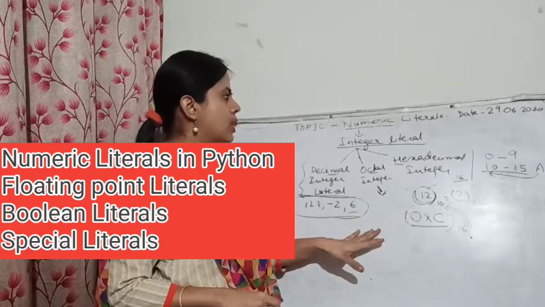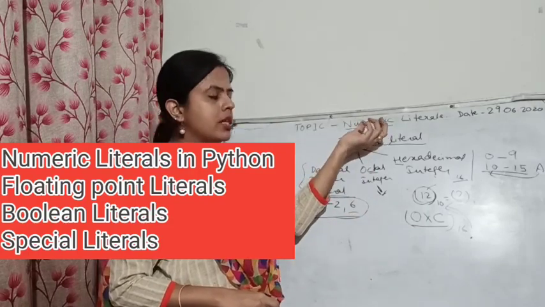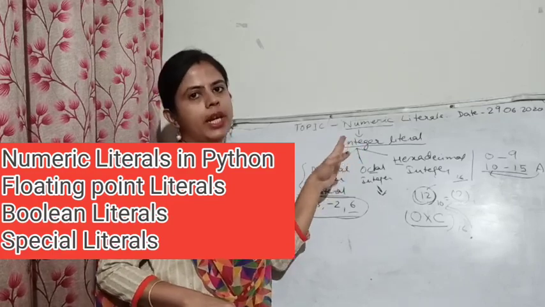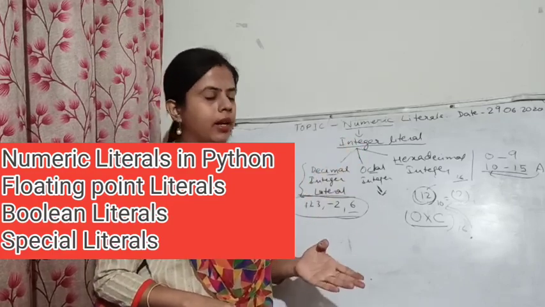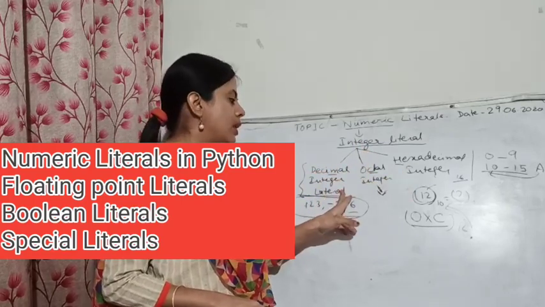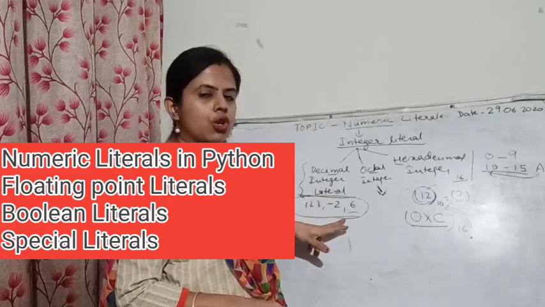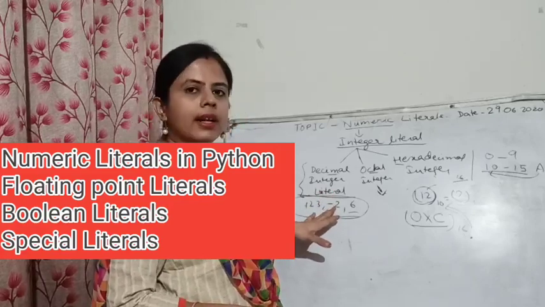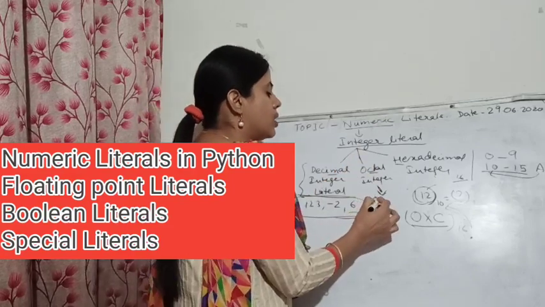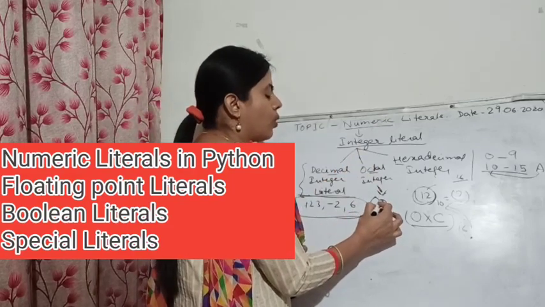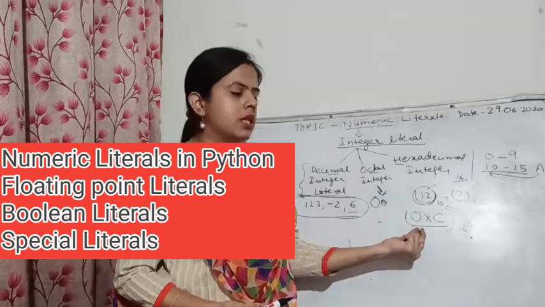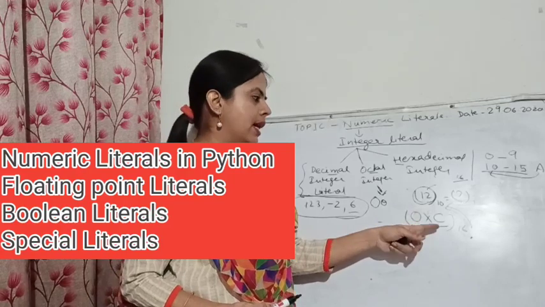You have to understand that numeric literals are divided into three parts: integer literal, floating point and exponent. The integer literal is again divided into three parts: decimal integer literal, a whole number which should not start with 0 and can be any positive or negative number; octal, which is represented by 0 preceded by the letter O and then the value; and hexadecimal, represented as preceded by 0, X and the value.